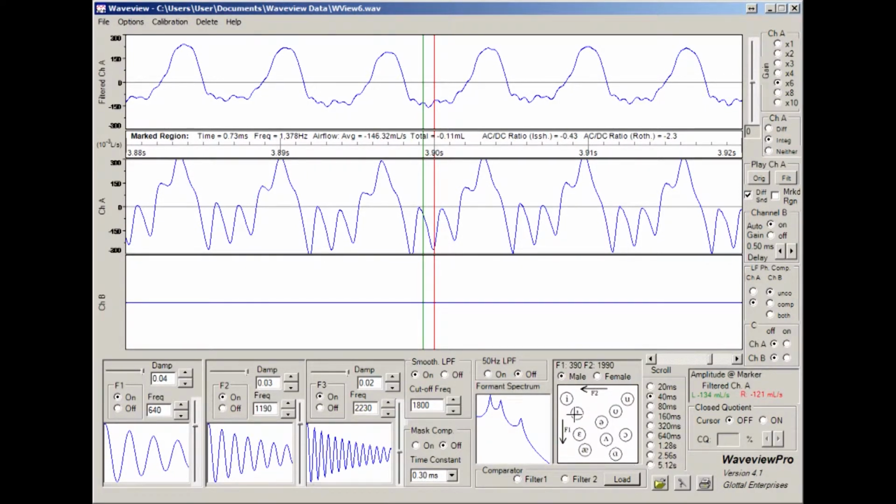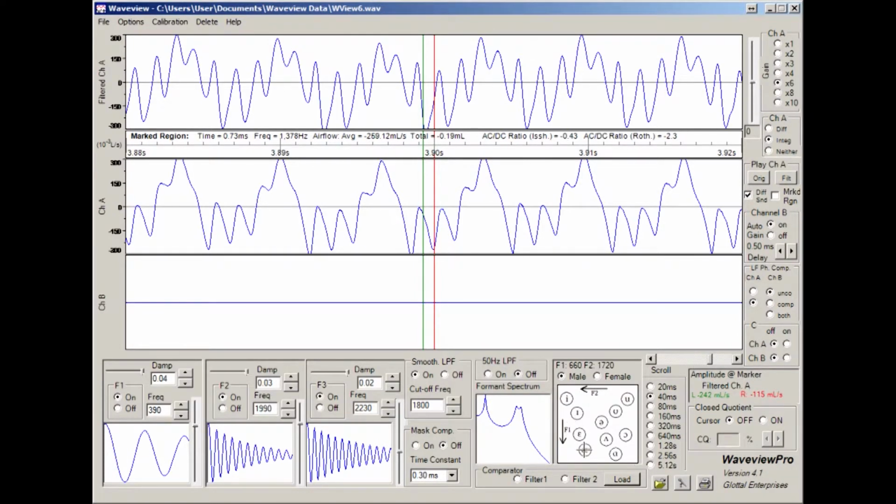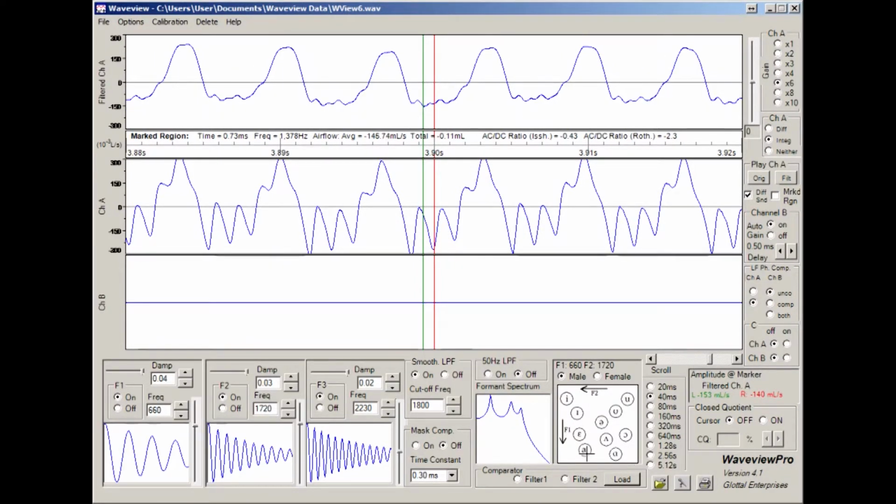We get approximate inverse filtering by using this chart, and sometimes that's convenient to give you a starting place for the F1, F2, and F3 values. But as you can see, it's not accurate.